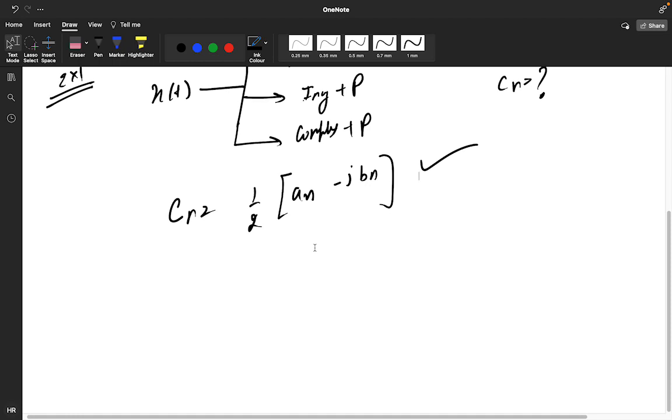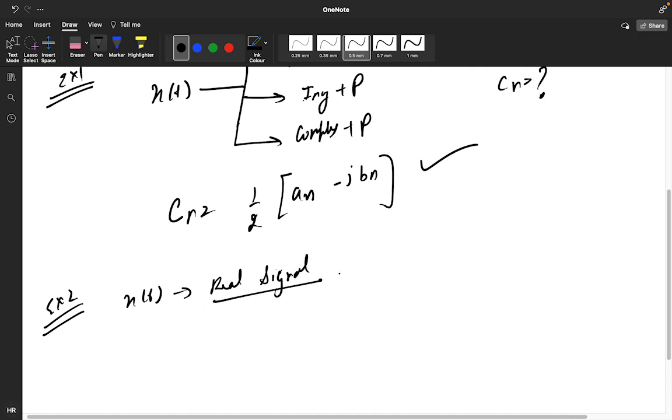Okay, so see now in example 2, x of t is given as a real signal. So what will be the cn value? Means in this question the given value is Cn.